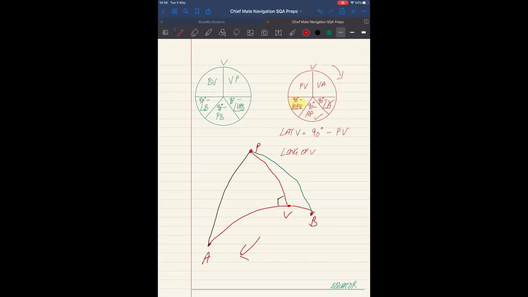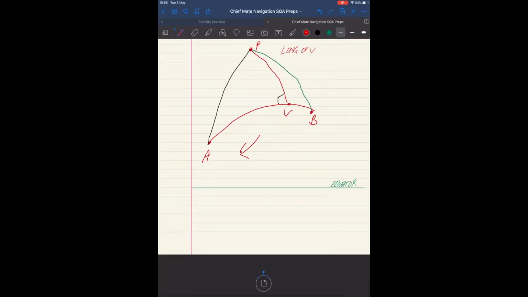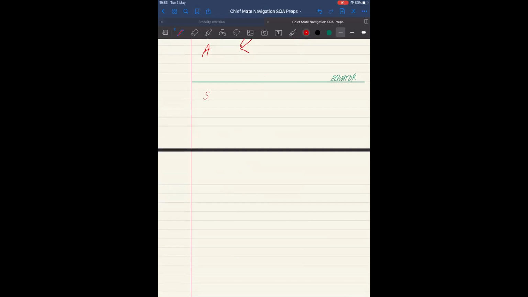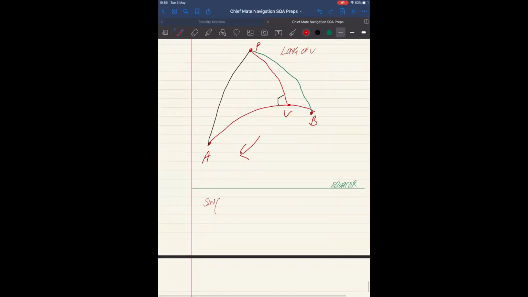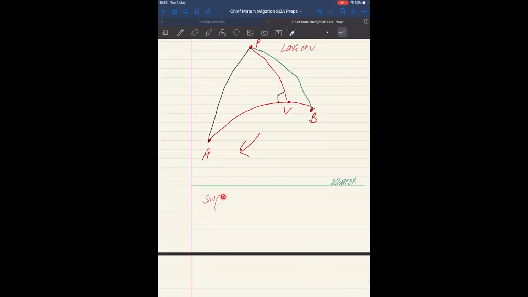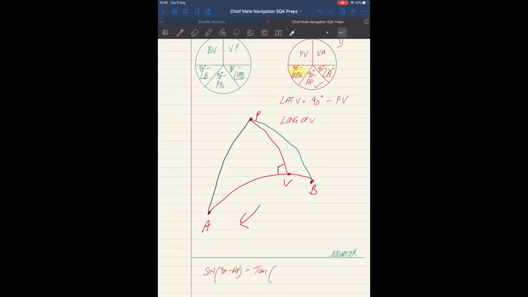So I will write it as sine of 90 minus AP equals tan of adjacent 1. I can take this or I can take this. So I will now take this. So this is 90 minus angle APV.